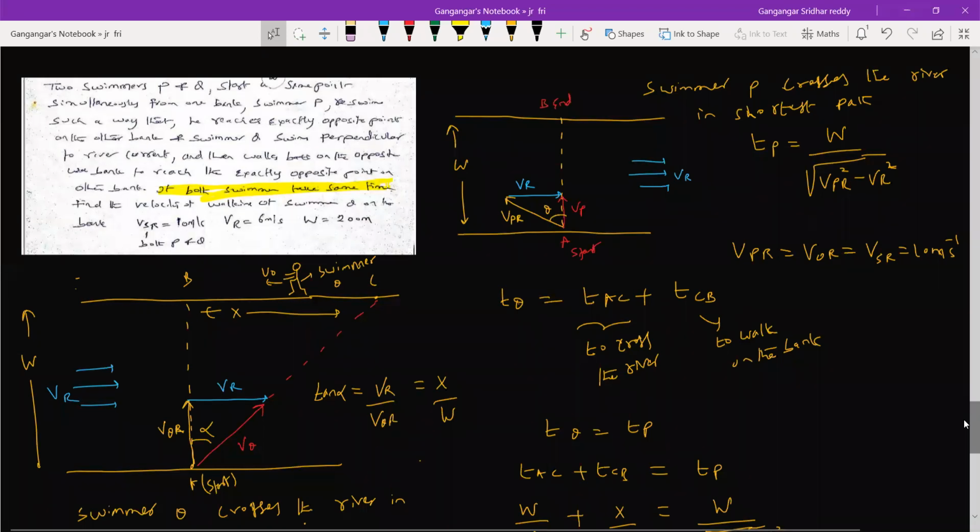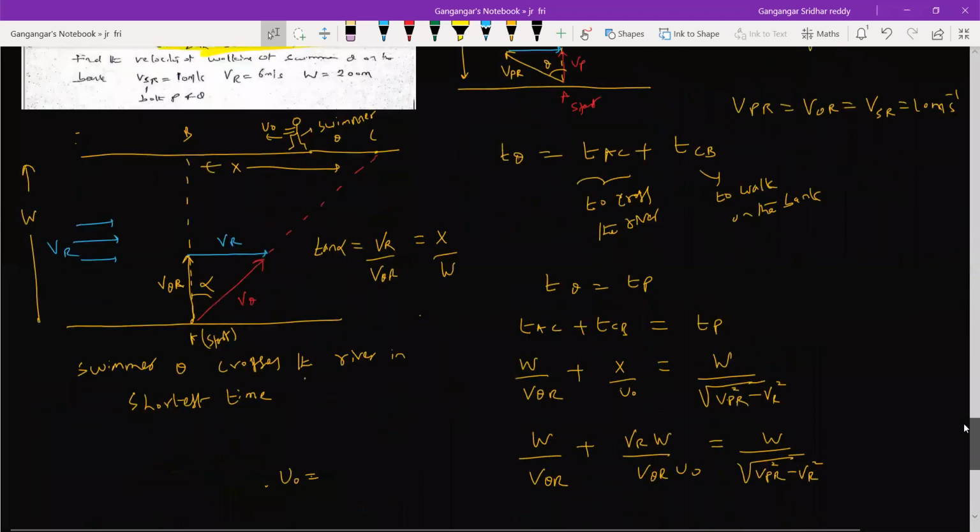VR is 6 meter per second. Anybody have the value? 24 meter per second, sir.